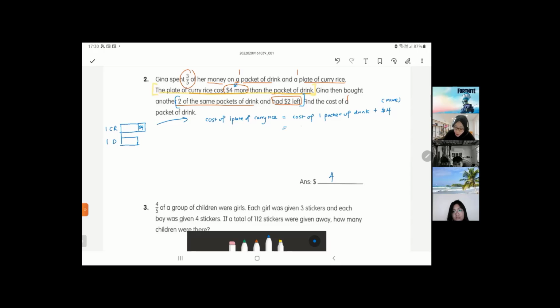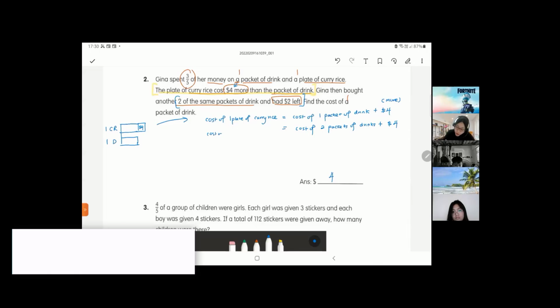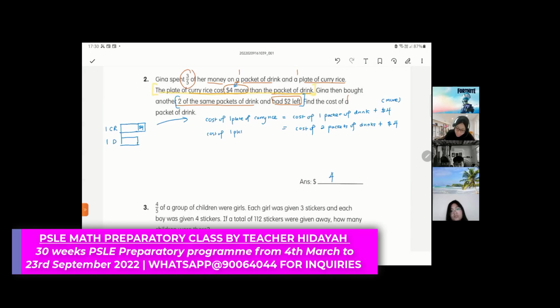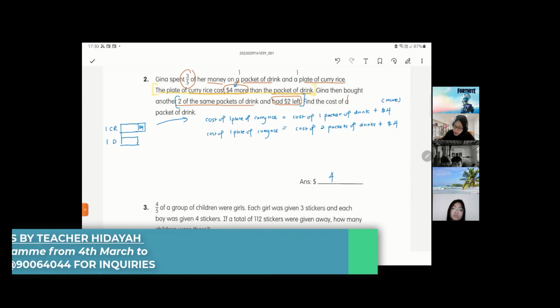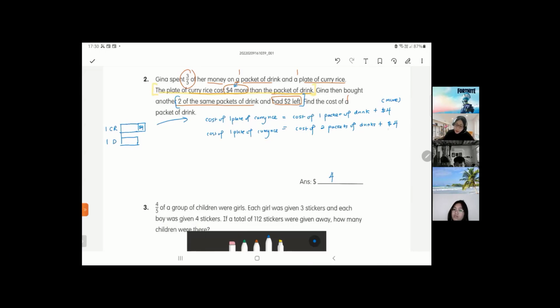So the cost of 2 packets of drinks plus $4. The 1 plate of curry rice stays the same, only that she bought the 2. You can see this $4 comes from the $2 left also. Later I draw the model and you see where it comes from.